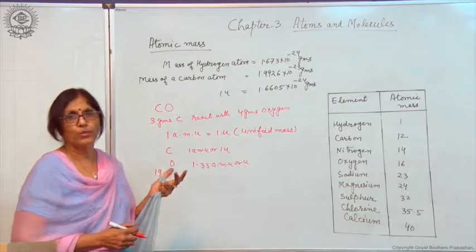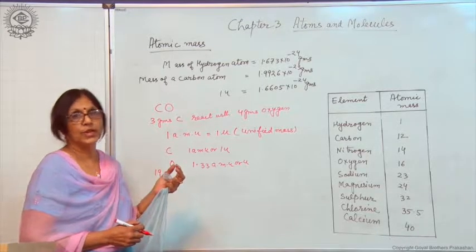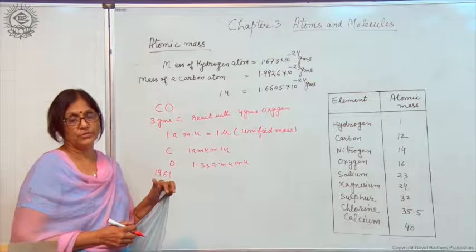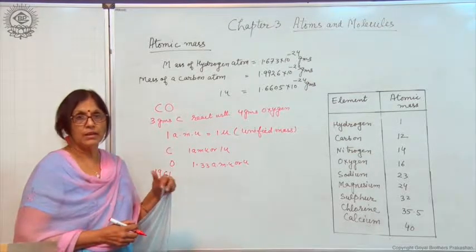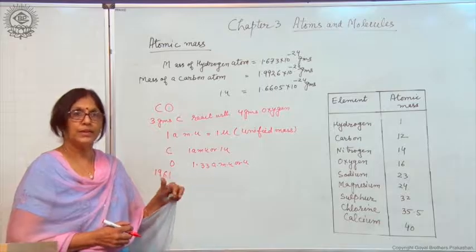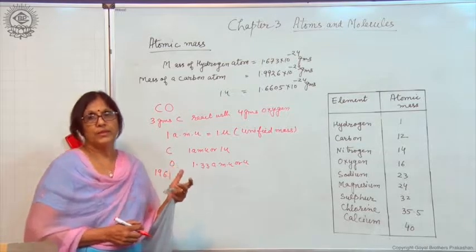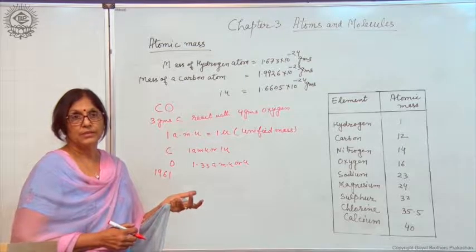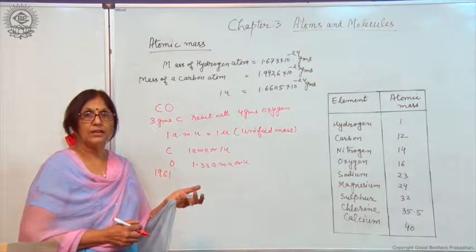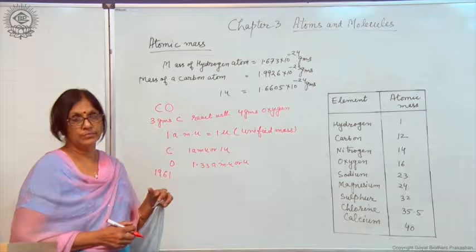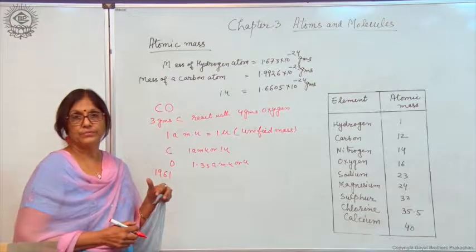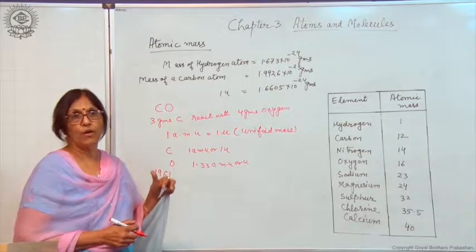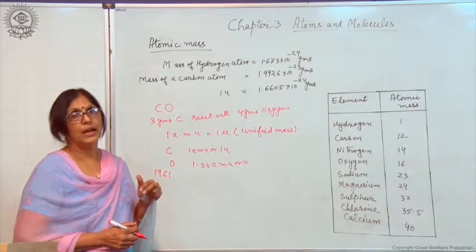So, when we talk about atomic mass, we do not talk about the actual mass of the atom, we talk about the relative mass of an atom, of an element in comparison with the mass of carbon atom. So, what is atomic mass actually? Atomic mass is the relative mass of an atom of an element, as compared to 1/12 of mass of C-12 atom.